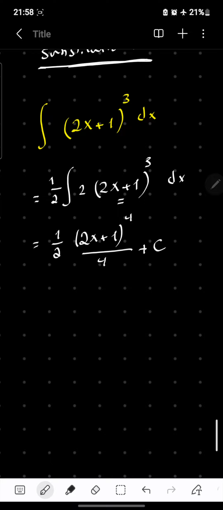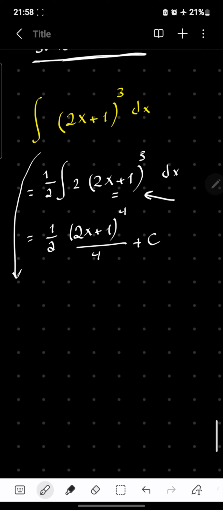But here we have another concept, which is integration by substitution. I think that integration by substitution is not necessary in this kind of example because it's very easy, but it's very essential and very important in many examples.